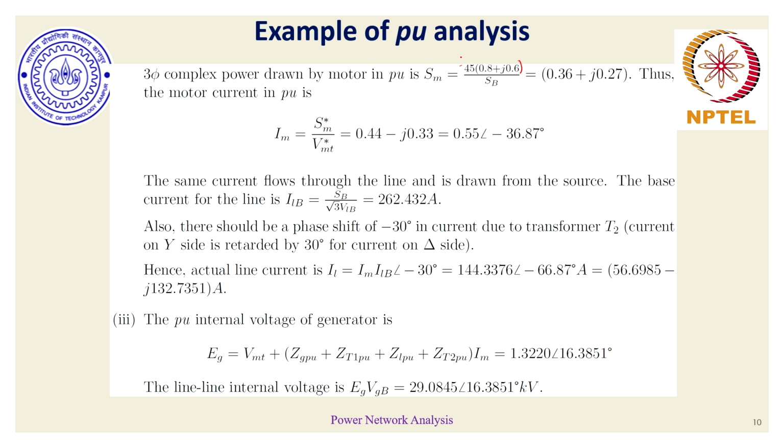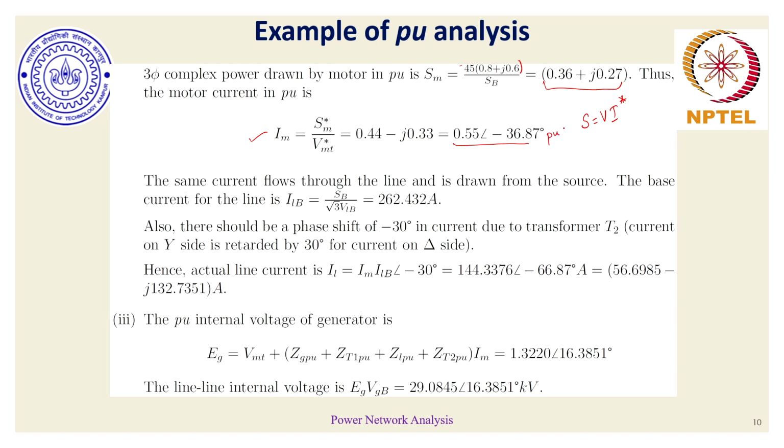The base power is 100 MVA, so we get this as our per unit power. And remember, we have defined our complex power as nothing but product of voltage and conjugate of current. So using that relationship, we can find the complex current of the induction motor, which is 0.55 at minus 36.87 degrees pu.